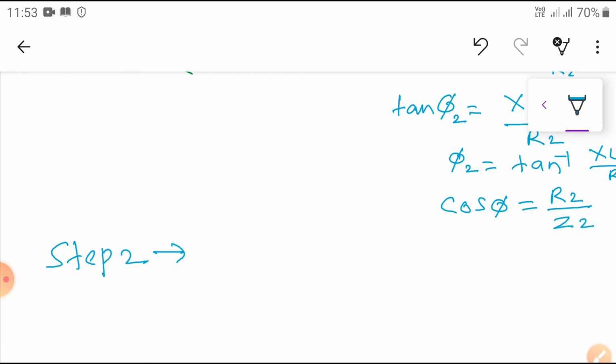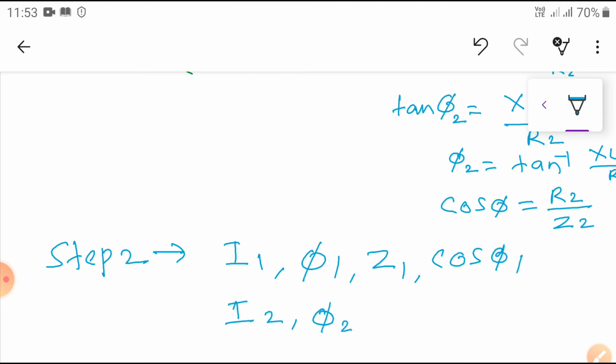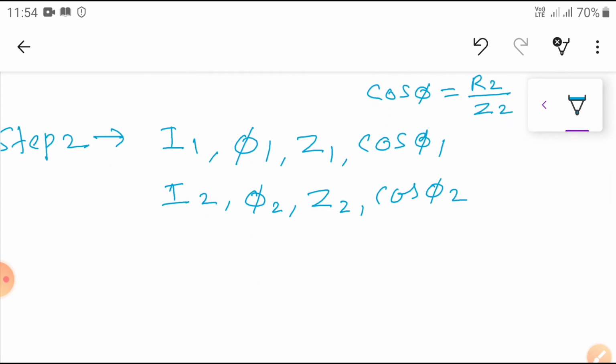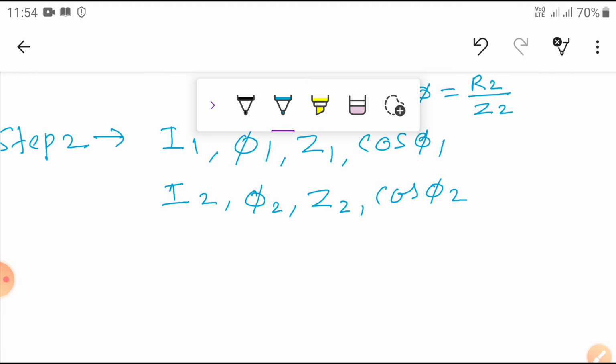In step 1, what did we get? I1, phi 1 and Z1 we know, and cos phi 1 I know, and I2, phi 2, Z2, cos phi 2 we know. Okay, from these values we are going to draw the phasor diagram.